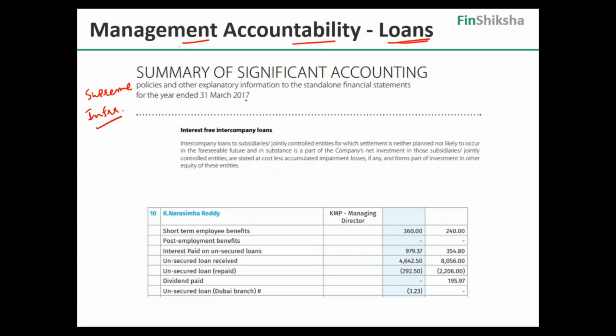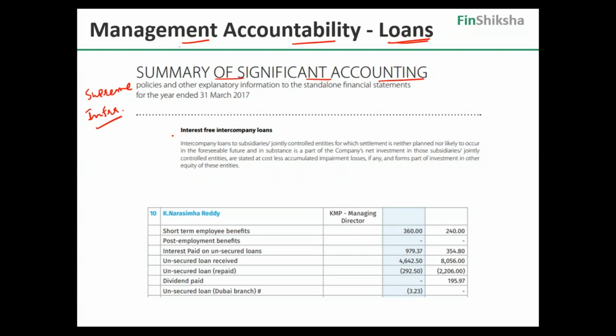So here in the annual report, barring the first three statements, which are the balance sheet, profit and loss, and cash flow statements, there is a lot of other information available, not necessarily in tabular format. So we can look at this. I have taken this from the Supreme Infrastructure annual report, from the section of summary of significant accounting policies.